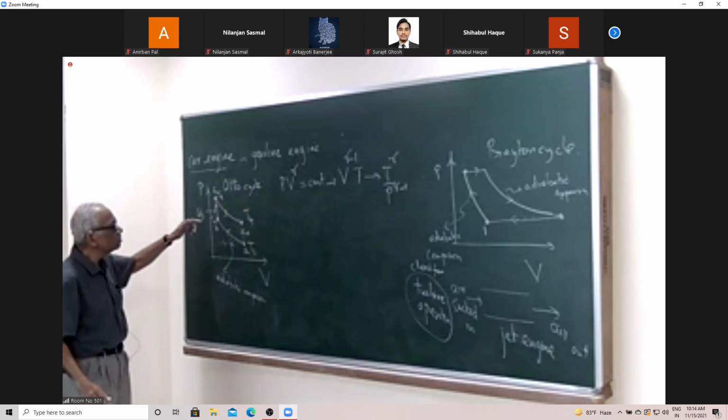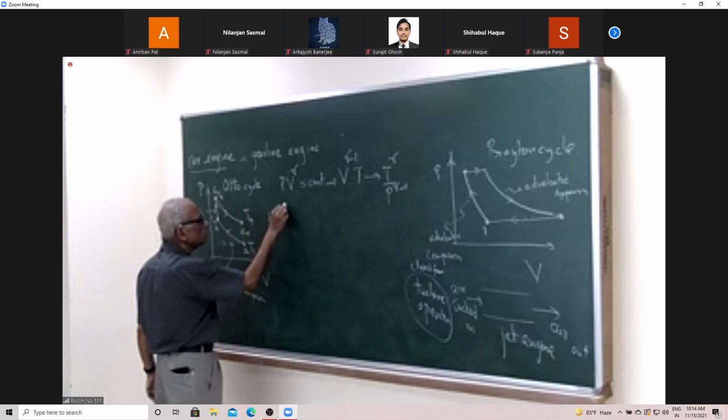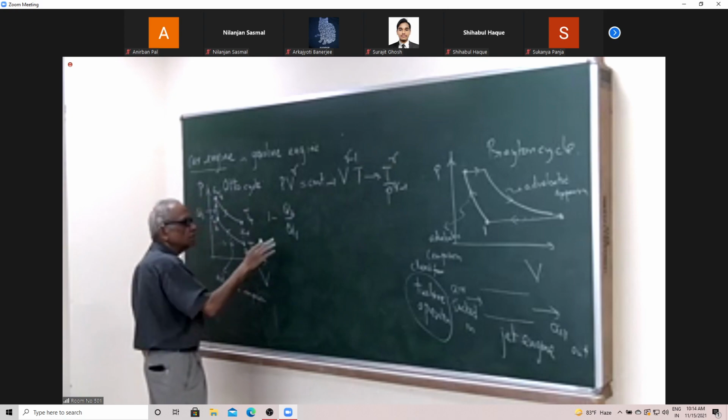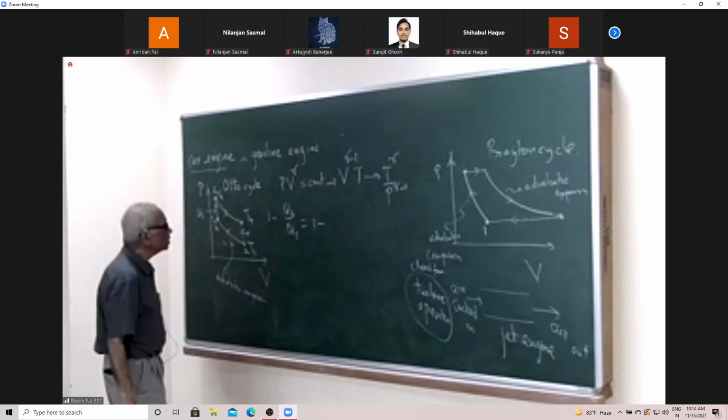And now if I look at this over here, the efficiency is always 1 minus heat out by heat in, which is 1 minus Q2 over Q1.